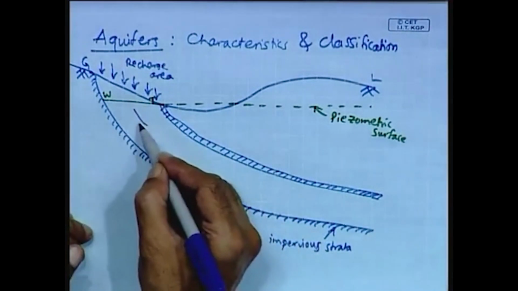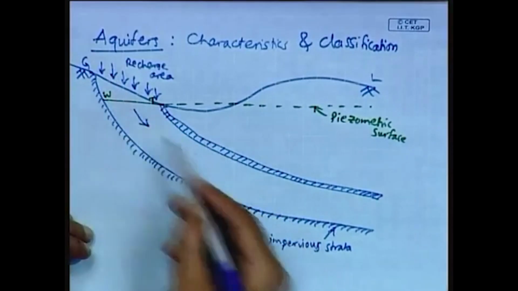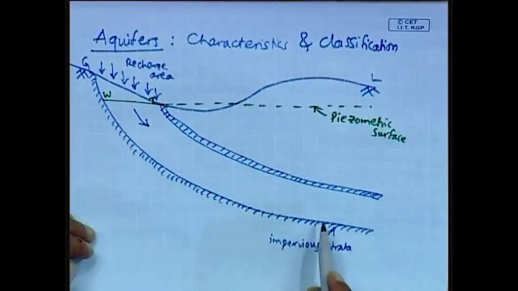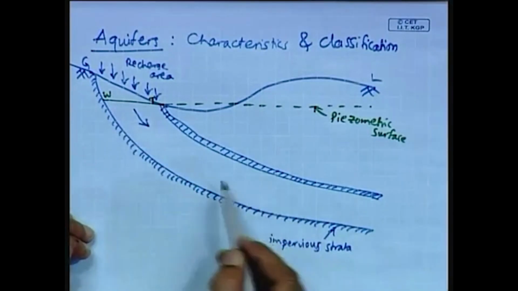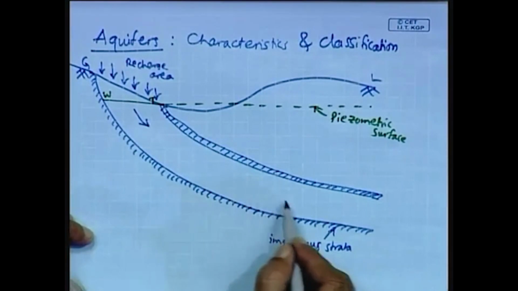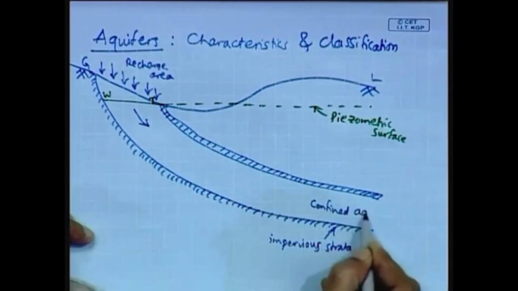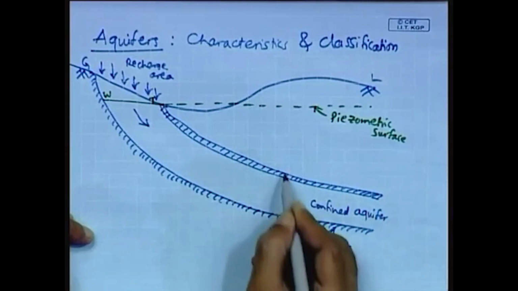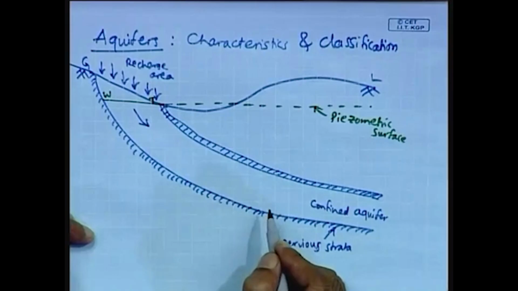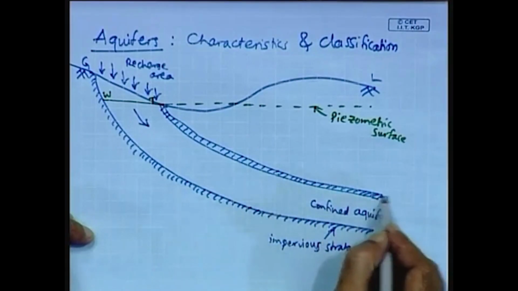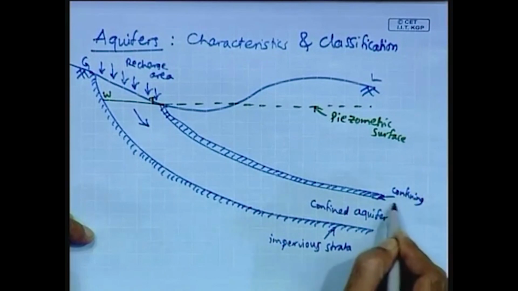And here, after this recharge through different forms of precipitation, so this soil moisture, the water moves in this, this is known as the confined aquifer, which is essentially confined at the top as well as bottom by confining layer. So, this is the confining layer.